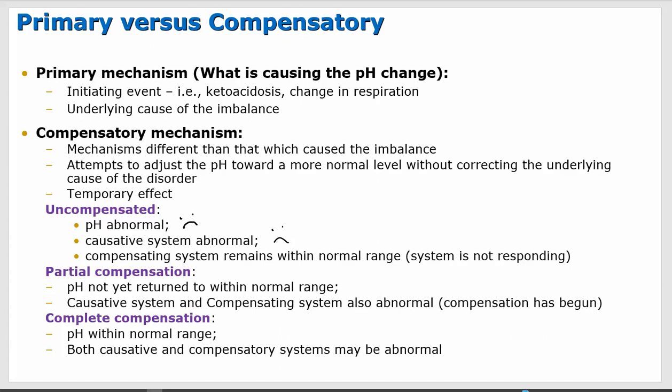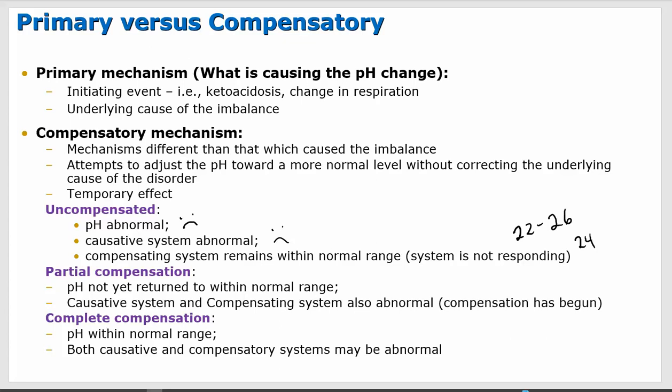So let's say I can't breathe, and for whatever reason my pH is 7.25. That's very acidic. But my bicarbonate is fine. My kidneys don't even care. Sorry, they do, they just may not be responding yet. But the compensation still remains normal, 22 to 26, so maybe my bicarbonate is still 24.